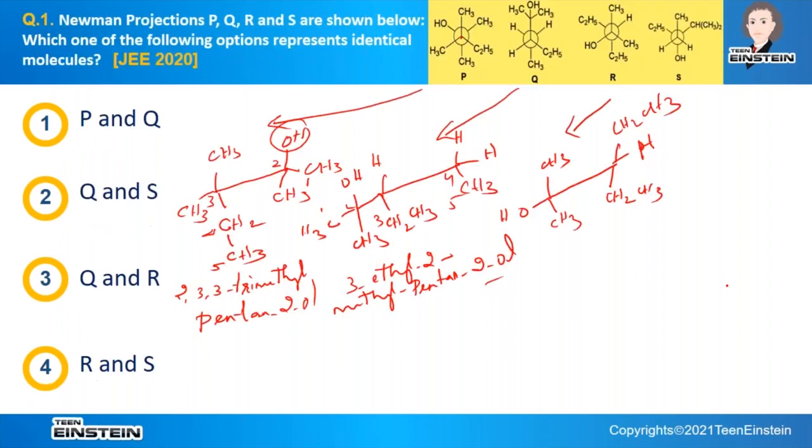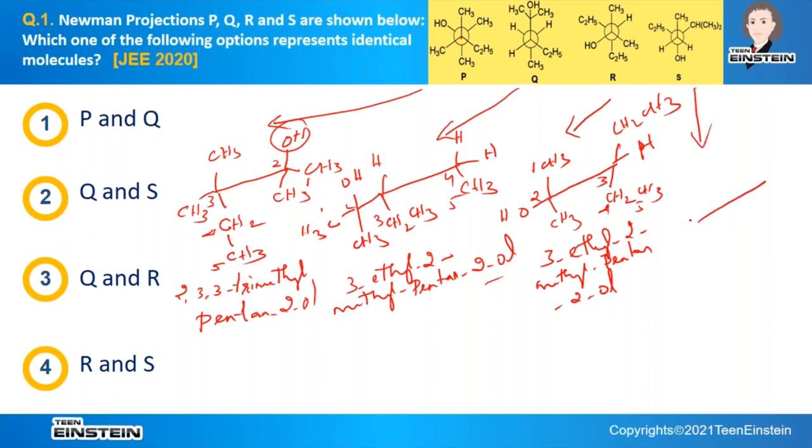The numbering is 1, 2, 3, 4, 5. So the IUPAC name is 3-ethyl-2-methylpent-2-ol.